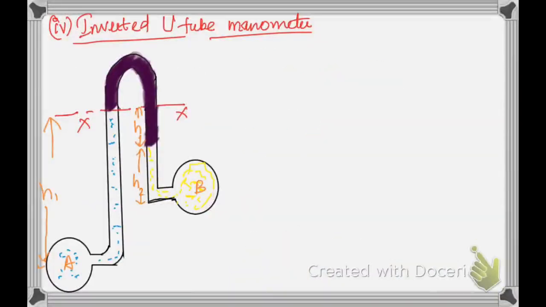Next we are going to see the inverted U-tube manometer. You can see the U-tube is inverted. It consists of an inverted U-tube which contains a light liquid. Here we can use oil as the light liquid, or as the manometric liquid.